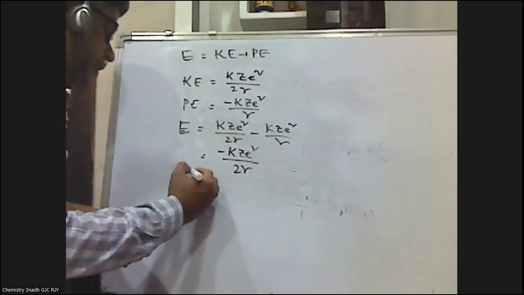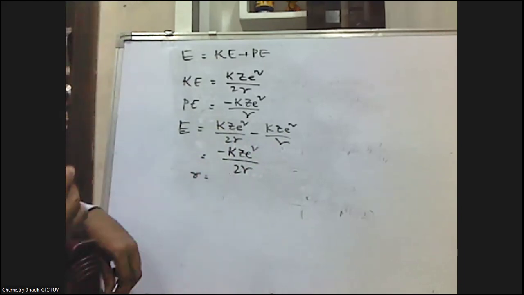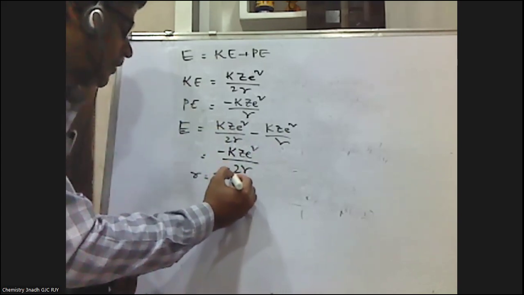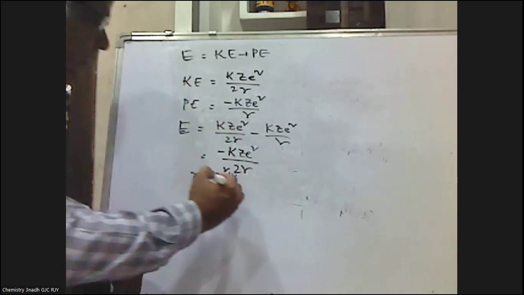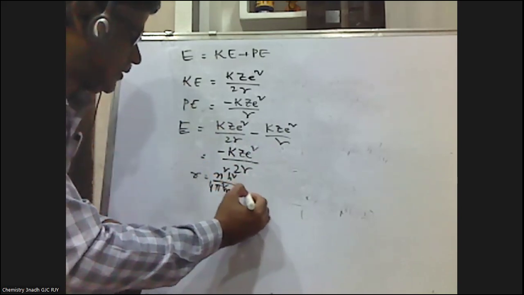So we know that for the radius of the orbit, the expression is n square h square by 4 pi square m K into Ze square.